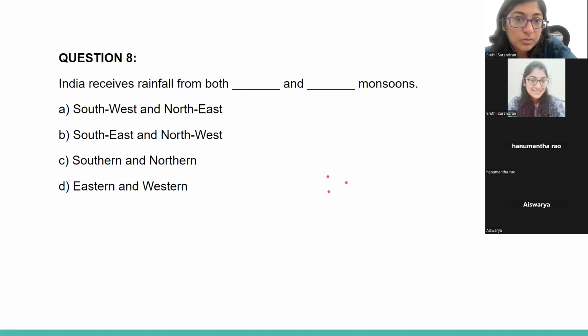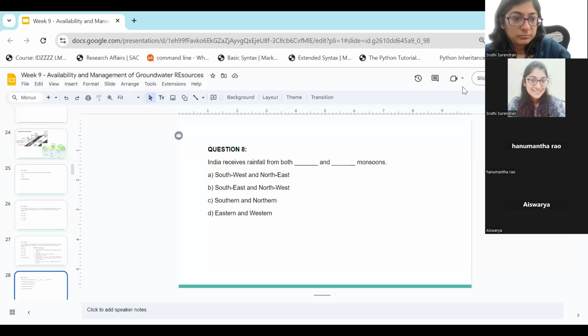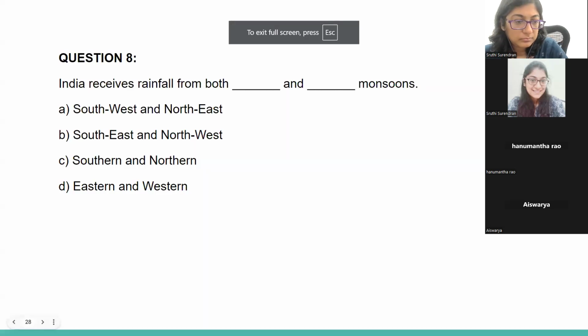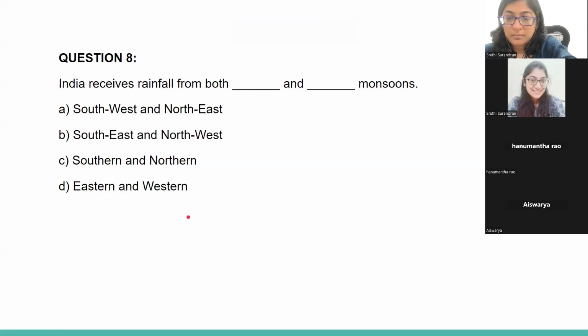Okay, so the answer is A. We have two kinds of monsoons in our country, the southwest monsoon and the northeast monsoon.